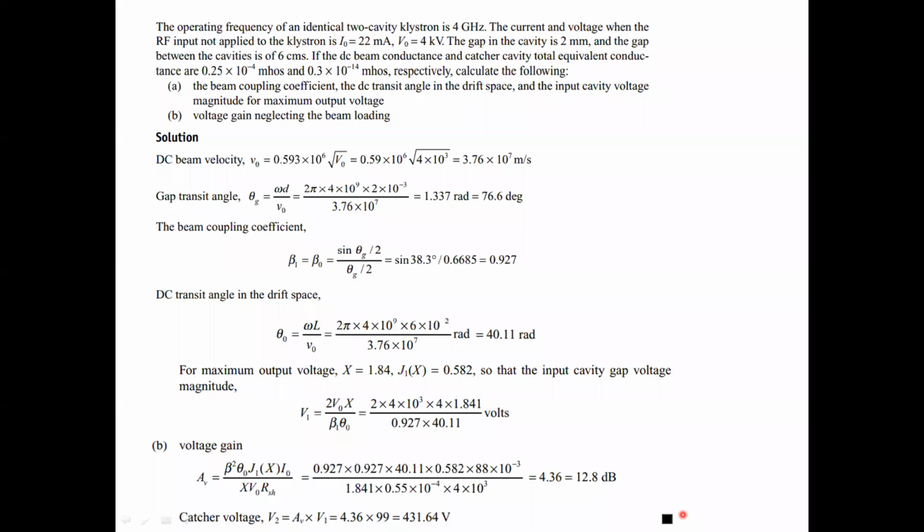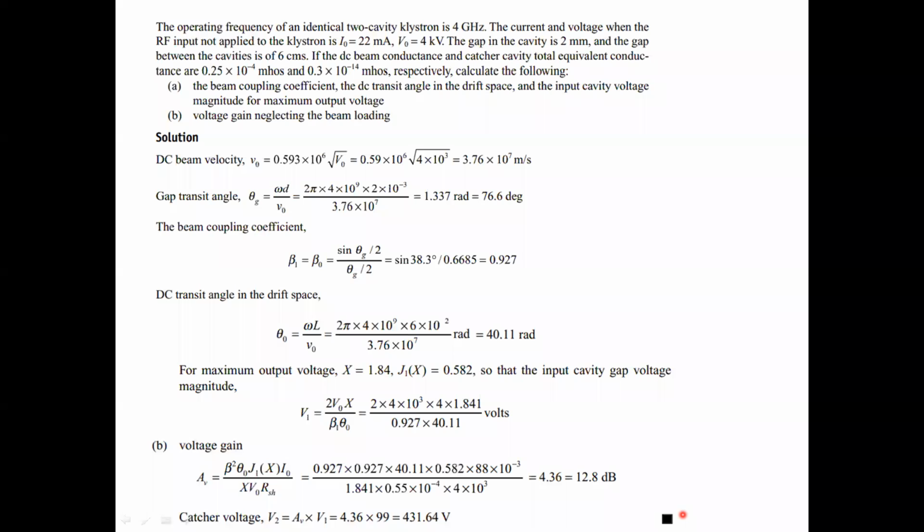So the beam coefficient is solved, DC transit angle solved, drift space solved. Next, the input cavity voltage magnitude for maximum input voltage. So we have x equal to 1.814. So J1 of x equal to 0.582.